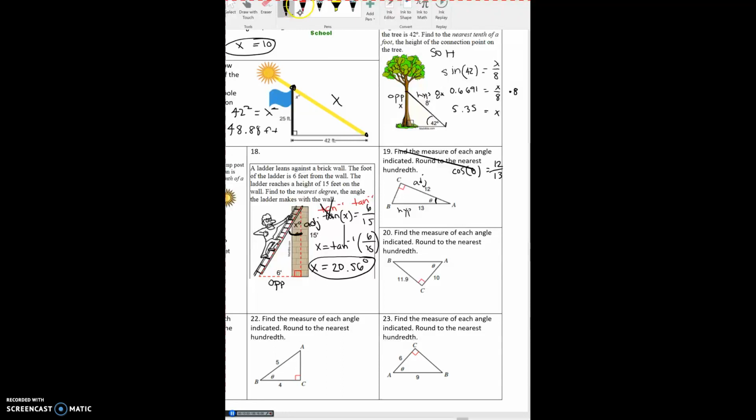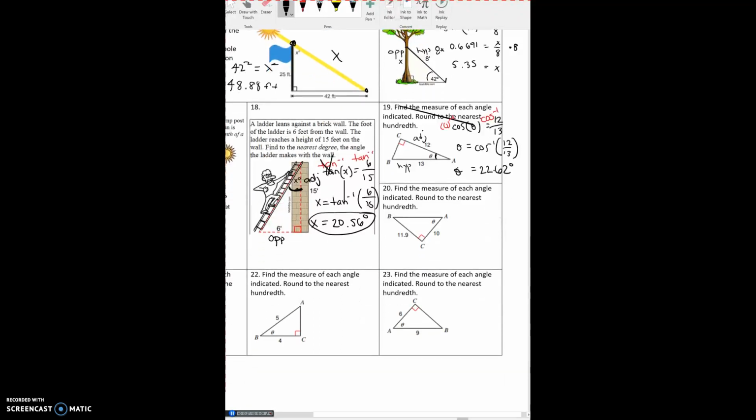I need to take the inverse. Therefore, theta is equal to the inverse cosine of 12 divided by 13. Plug it in your calculator, and theta equals 22.62 degrees.